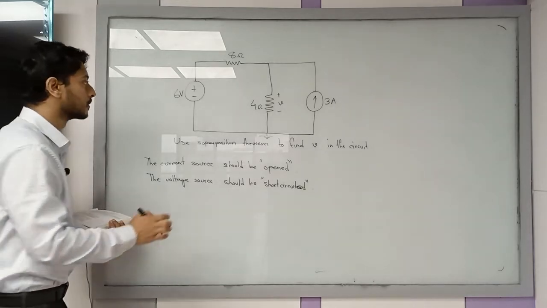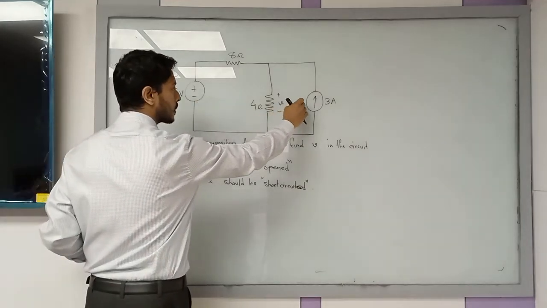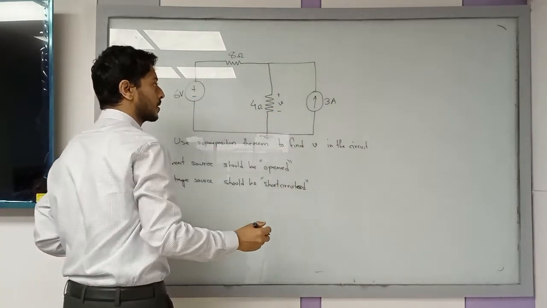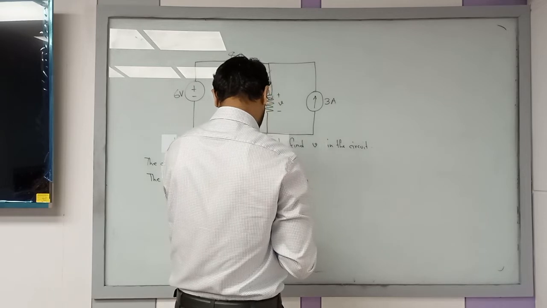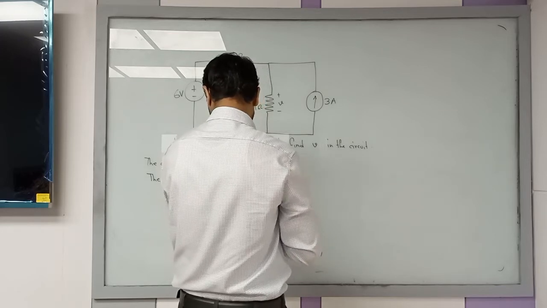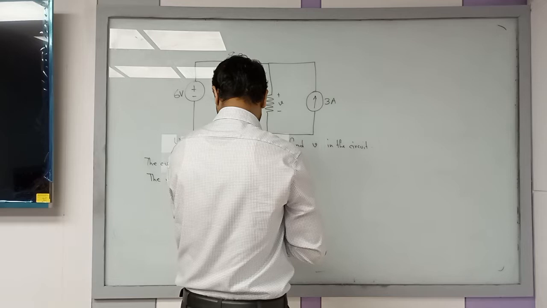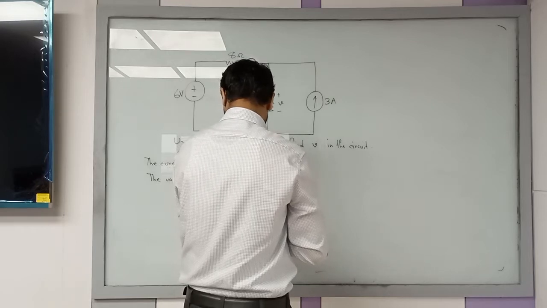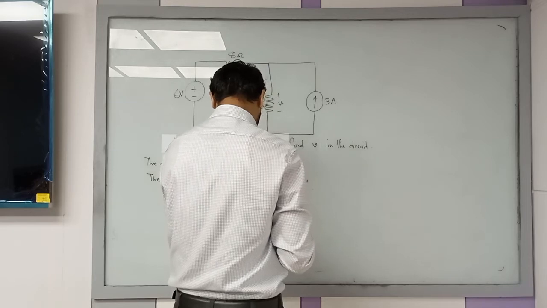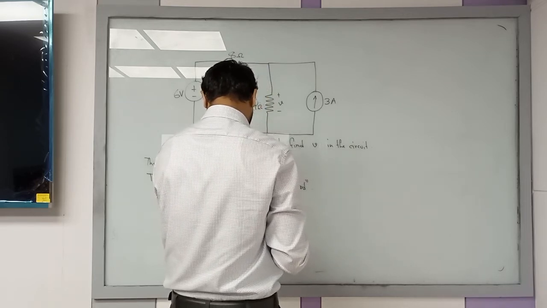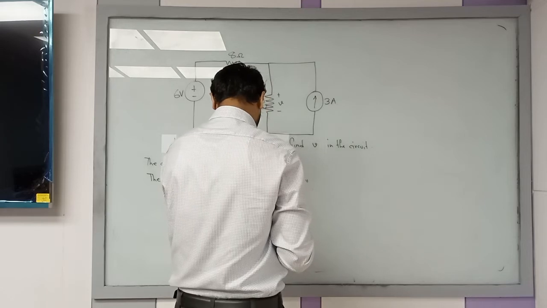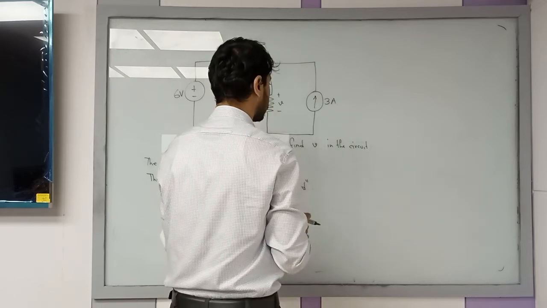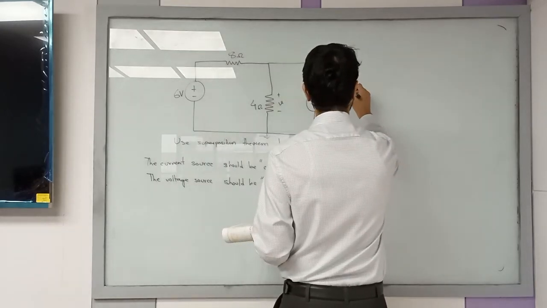So now let us solve the problem. So I am keeping this and opening this current source. তাহলে কি হচ্ছে দেখায়। So we redraw the circuit.